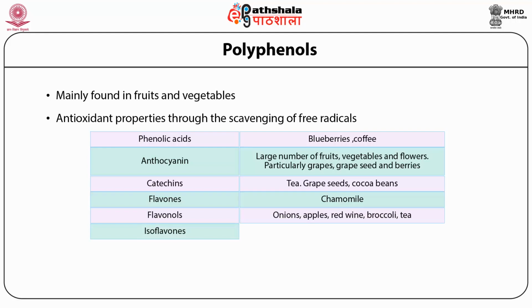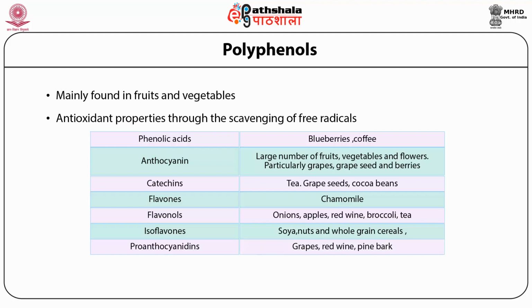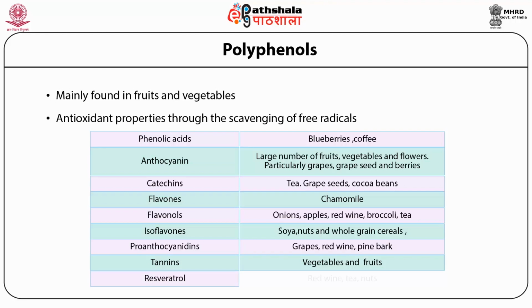Isoflavones are polyphenols mainly found in soya products, proanthocyanidins in grapes, red wine, etc. Tannins are important in vegetables and fruits because they contribute towards enzymatic browning. And last is resveratrol, which is found in red wine, tea and nuts.